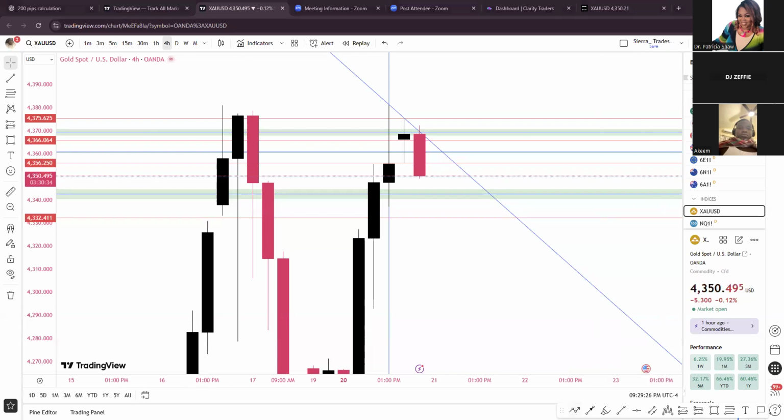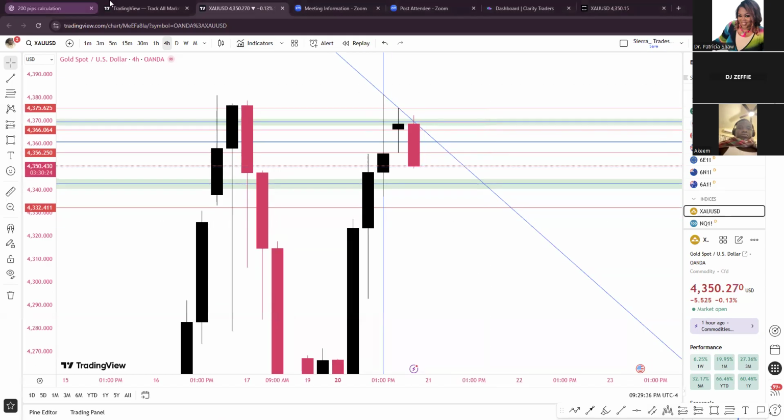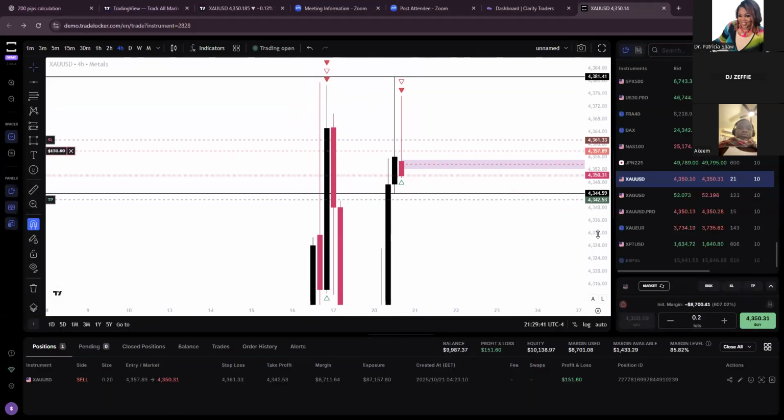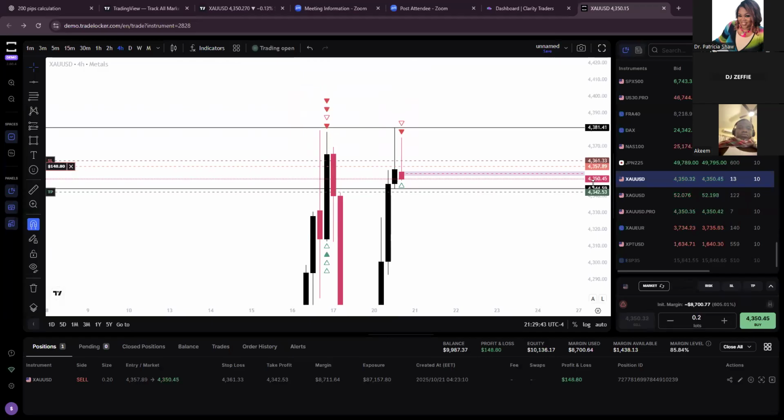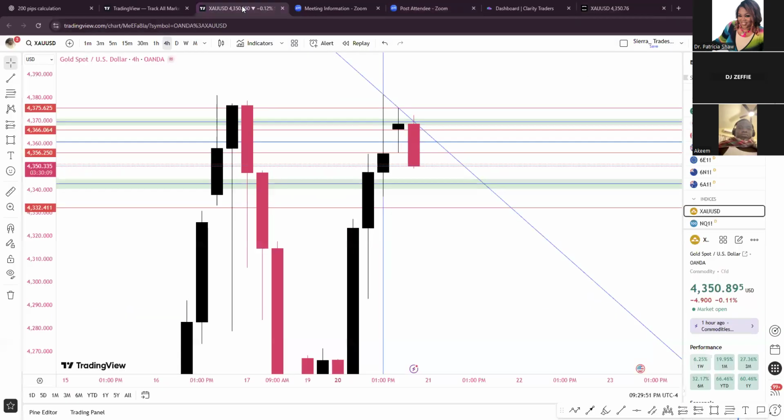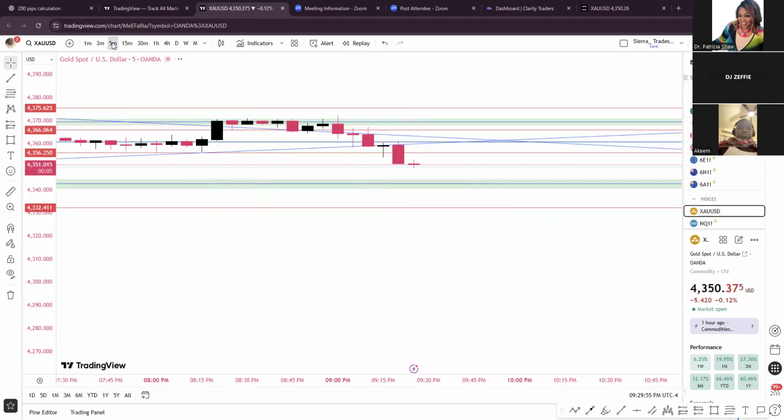Yeah, already broke it. Okay, yeah, it's just taking its time over here. And price is at 43.50 over here. On my broker it's at 43.51, and then Oanda is on 43.51 also.